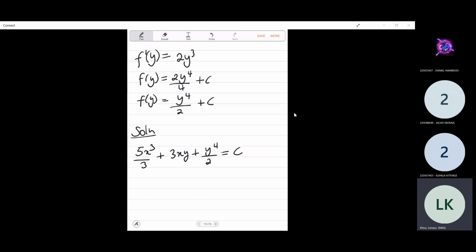And here we will get 10x to the power of 3 plus 18xy plus 3y to the power of 4 is equal to c. Okay, so that is our solution.